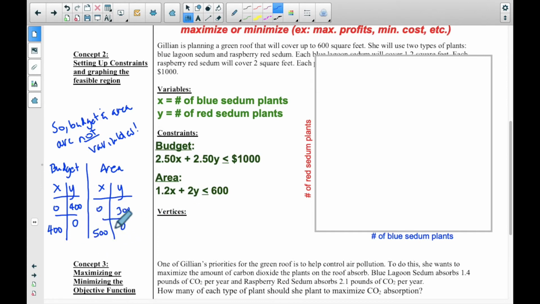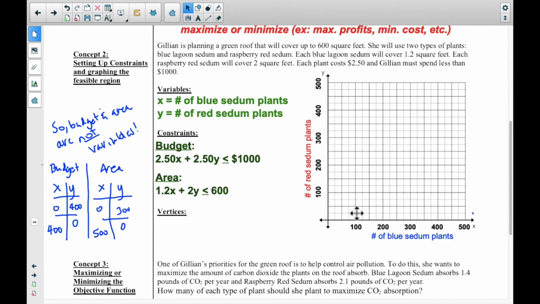And so as I look at this, I can now see I need to count up to 500. So that's what I'm going to do. I'm going to count all the way up to 500. You can go 50, 100, 150, 200, 250, 300, etc. And I'm just going 100, 200, 300, 400, 500. So take a second to set up your graph, and then we'll talk about actually graphing them.